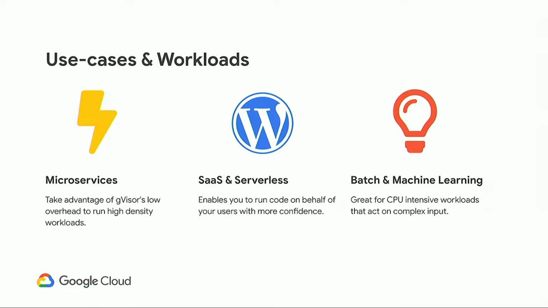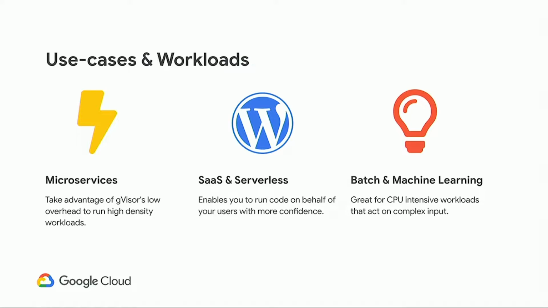So if you're running microservices that make use of a lot of third-party code, perhaps you're using something like Node.js and you have a lot of external libraries, or pretty much any other type of language, running that in gVisor might be a way of better ensuring that you have some extra isolation there.